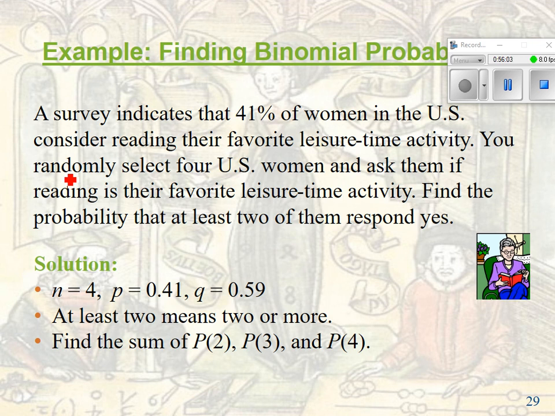I'll do 0. I'll do 1. You guys figure out what everybody else is doing. We should probably write down N is 4, X is whatever you're putting in, P is 0.41. Those are the 3 things that we need.